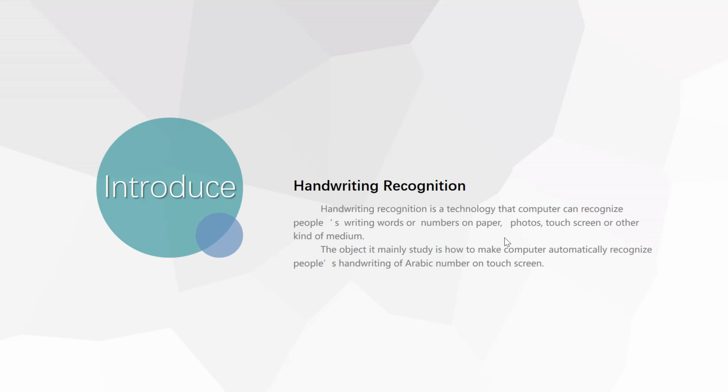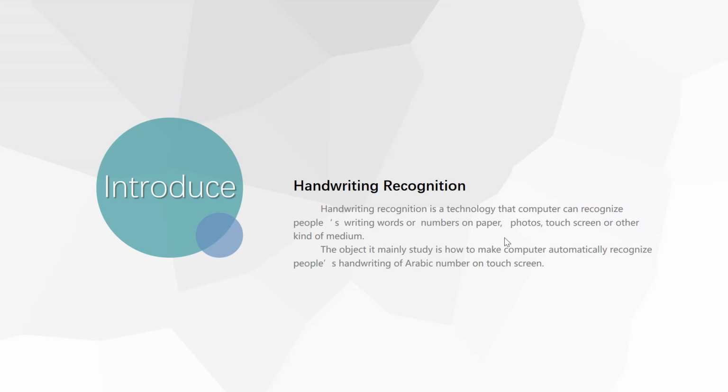The object it mainly studies is how to make a computer automatically recognize people's handwriting of Arabic numbers on a touchscreen. Arabic numbers are the easiest case, while Chinese characters, words, and alphabets are much harder.